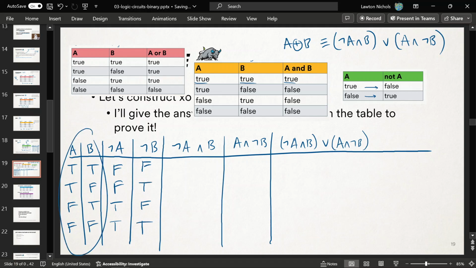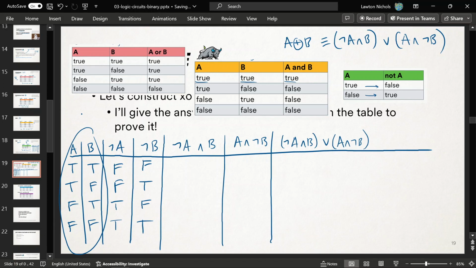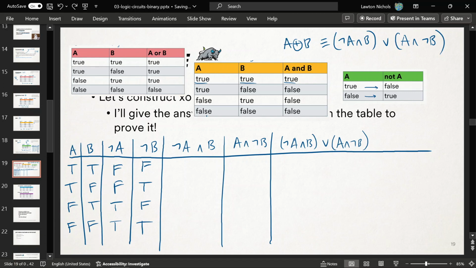This is the ground truth, the A and the B. We're assuming A and B are those things, then use them for the rest, all right? And now that I have the not A, I have the B already, I can AND them together. So not A and B, let me fill in this column, for example. What is going to go here? It's going to be the false ANDed with true. I look it up in the table, false ANDed with true is false.